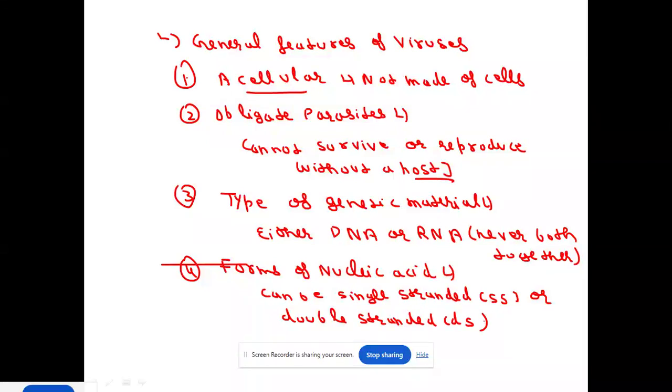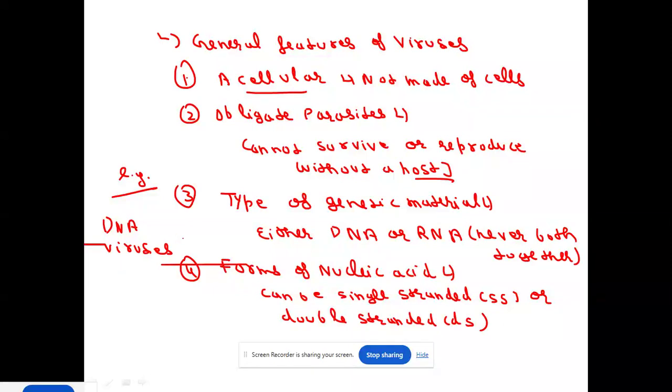For example, we will discuss an example of a DNA virus and also an RNA virus. First one is the DNA viruses.